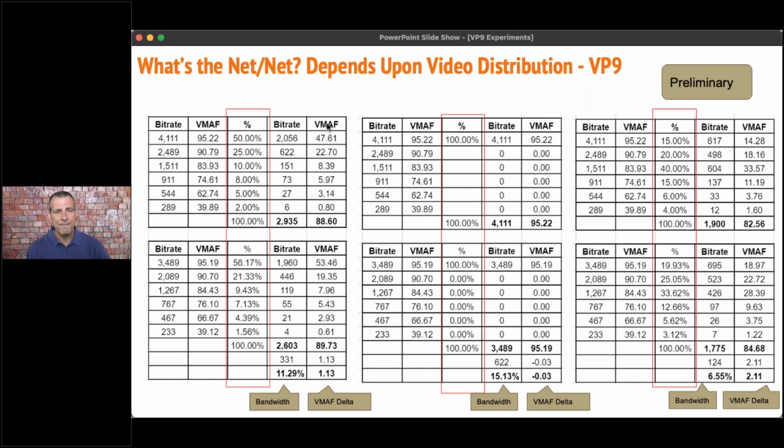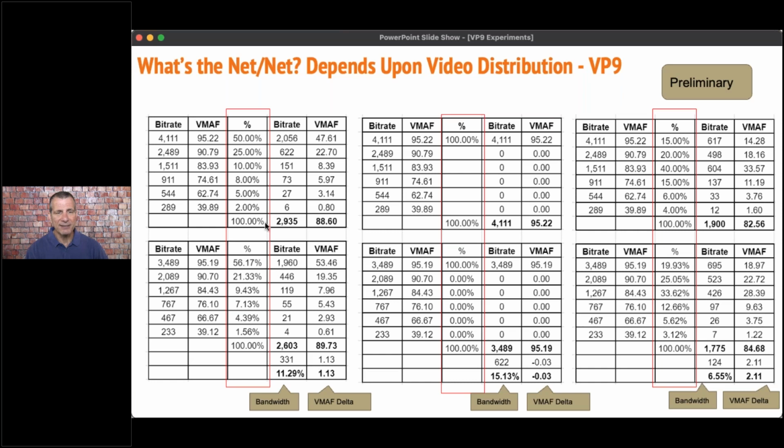The weighted average VMAF, same deal. You multiply 95.5, and this is the weighted average VMAF and bit rate for this distribution. And then what I did is I used the new encoding ladder, and this is the overall encoding ladder that I computed by averaging all the scores from all the clips. And we had to allocate some of these because there were data rate differences between the rungs.